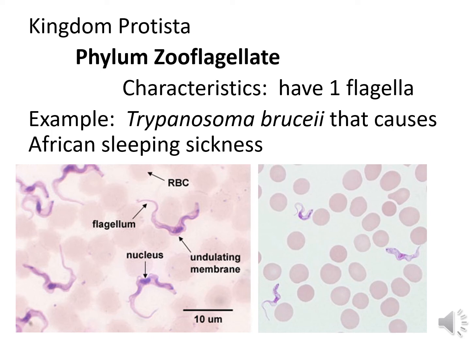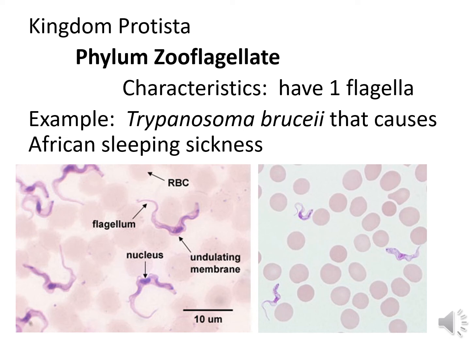Trypanosoma brucelli is the protozoan that causes African sleeping sickness. We don't have too much of a problem with it in this country, but it is in many African countries, carried by the tsetse fly, who, kind of like the mosquito and the malaria parasite, can bite somebody with this Trypanosoma brucelli protist, suck out their blood and the protozoan.